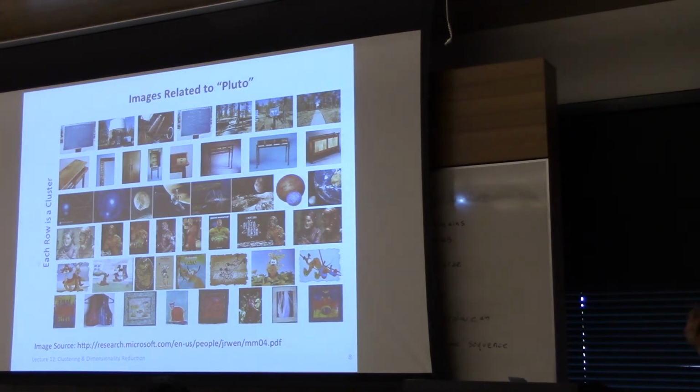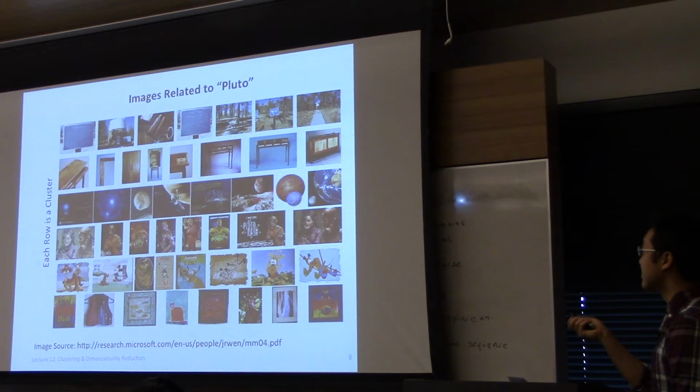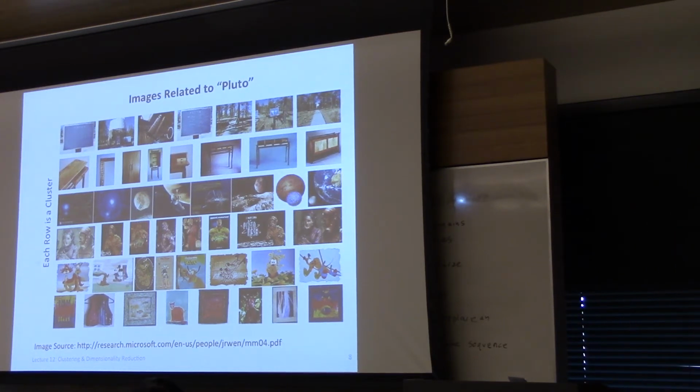Here's one example pulled from this paper. This was done a few years ago, so it would probably change if we did it now, but if one did an image search for the word Pluto and clustered the images based on some notion of image similarity, then you can think of each row as a cluster of images. The simplest notion is pixel by pixel distance, treating each pixel as a feature value.